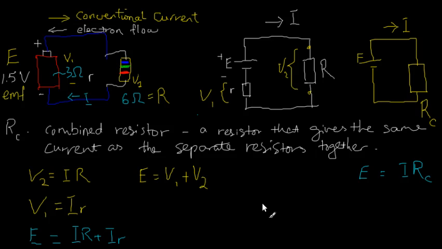So I'll get I times RC is equal to this, which is I R plus I little r.